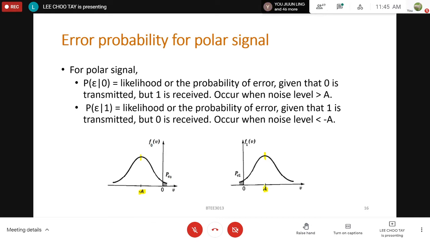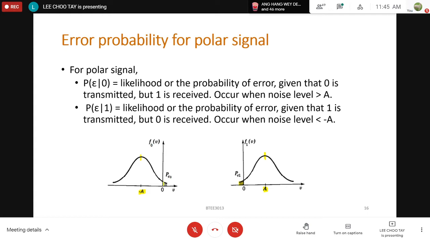And for this kind of polar signaling, where do we make our decision? We set our decision again at the midpoint between these two amplitudes, which is here. So the area under this curve will be the probability of error when a 1 is being sent.